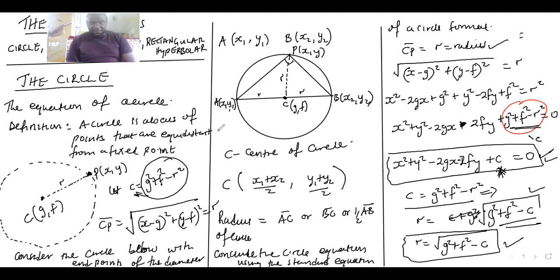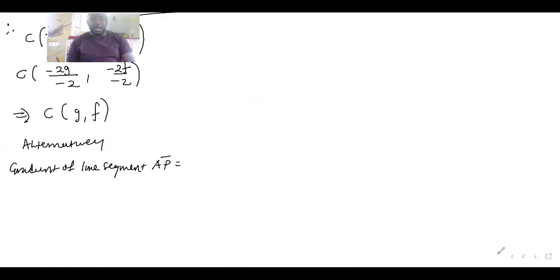The gradient of AP can be got from (y minus y1) over (x minus x1). Then the gradient of segment PB will be (y2 minus y) over (x2 minus x). But because these two lines, AP and PB, are perpendicular, when you multiply their gradients, you must get -1. So it's the definition I want to use there.